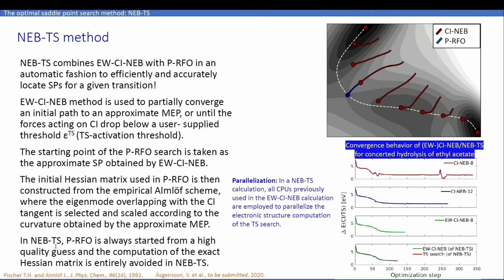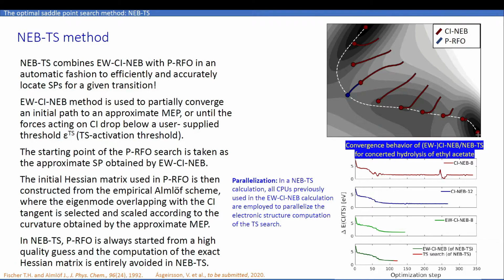In this manner, given that the TS activation threshold is properly selected, the PRFO or TS search is always started from a configuration close to the desired saddle point, and the computation of the initial exact Hessian matrix is not needed. Here is an illustration of the NEB-TS optimization for the Müller-Brown surface.